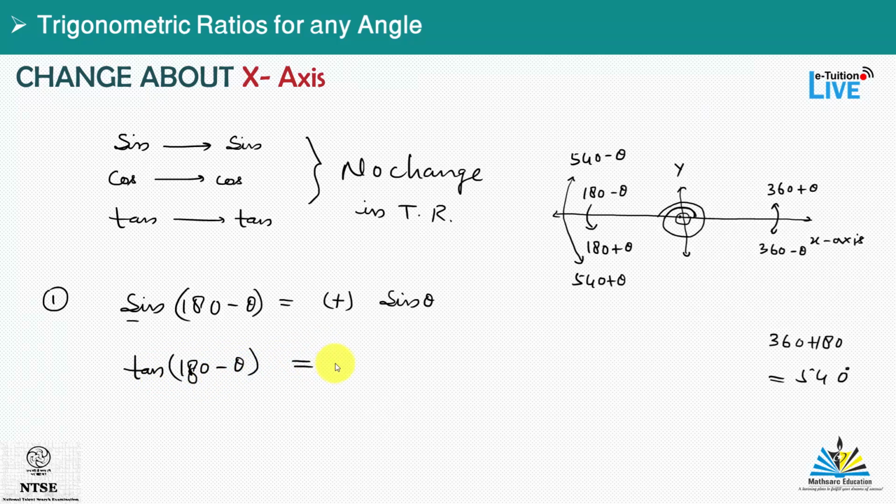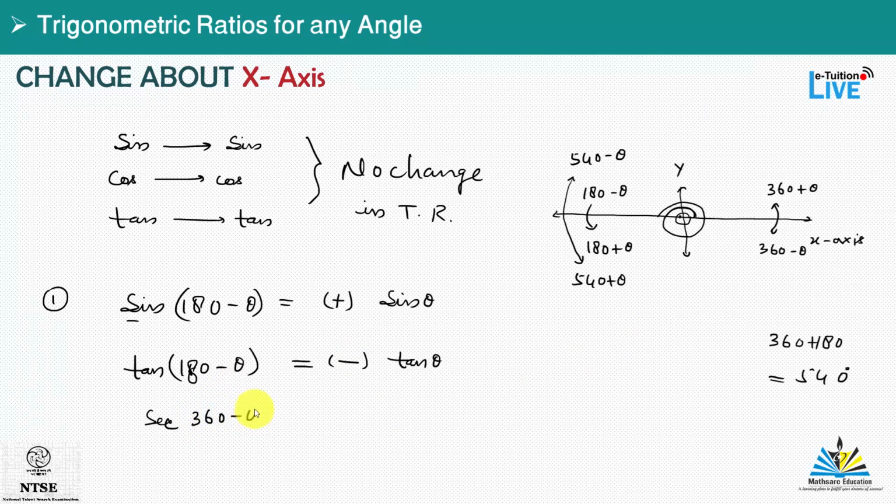Again, 180 minus theta lies in the second quadrant, so this will be tan of theta. And tan is negative in this quadrant, so this is minus of tan theta.